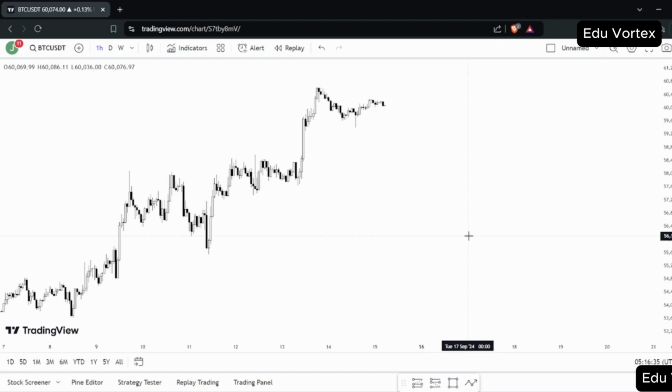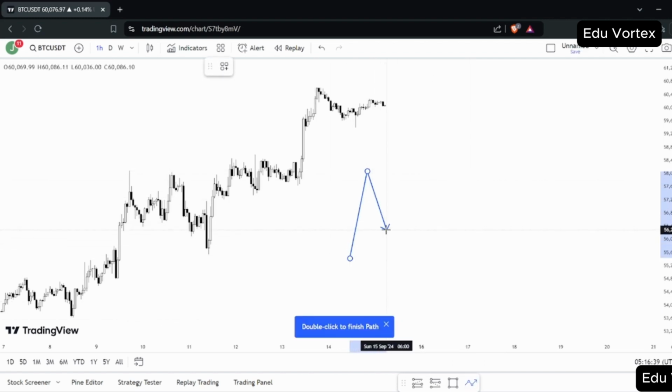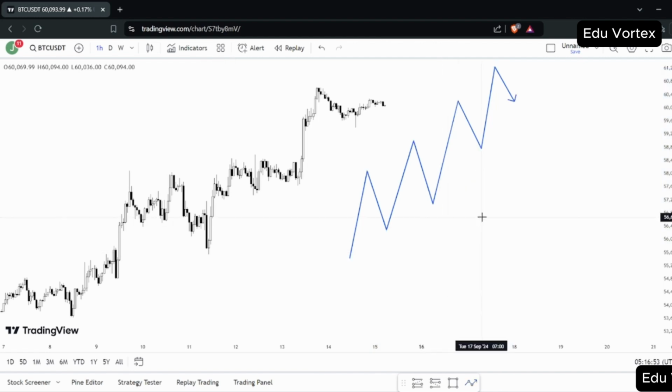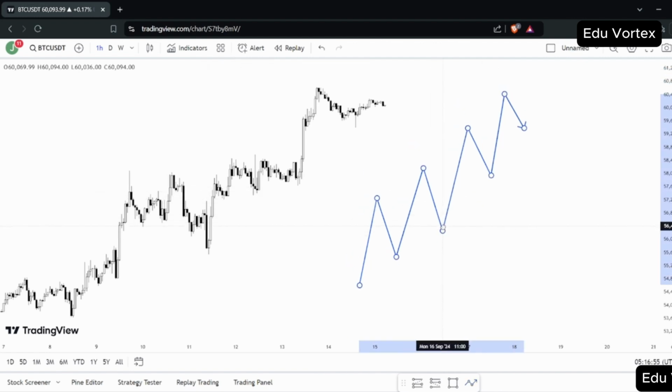So first, the market structure is going to be this way. Like this. An impulse, retracement, impulse, retracement, impulse, retracement, impulse, retracement. Okay? That's going to be our market structure. Of course, sometimes it's not gonna retrace all the way here.